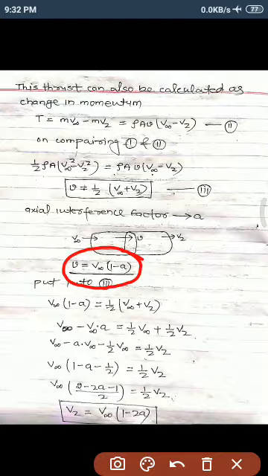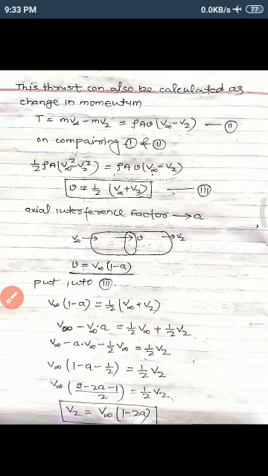So in both cases, either A is 0 or A is 1, no power is generated. That means we have to calculate a value of A somewhere between 0 and 1, where this turbine generates maximum power. This turbine receives maximum power from the wind.